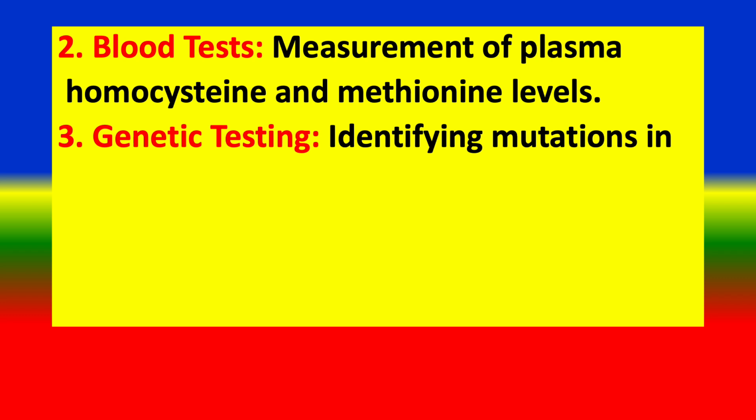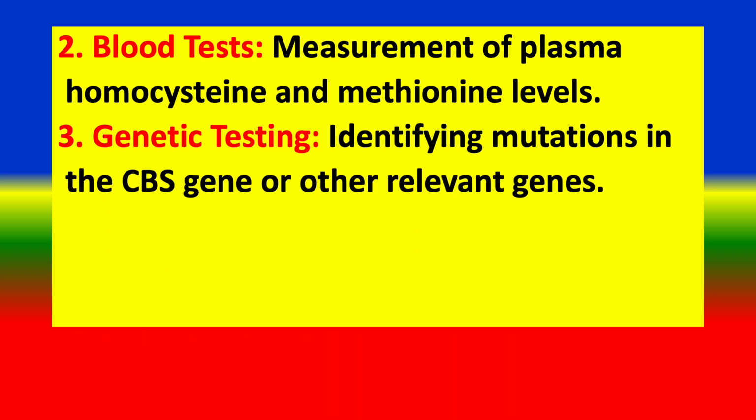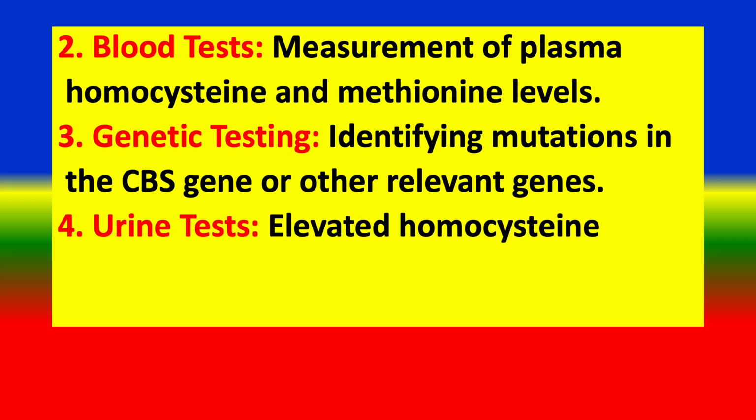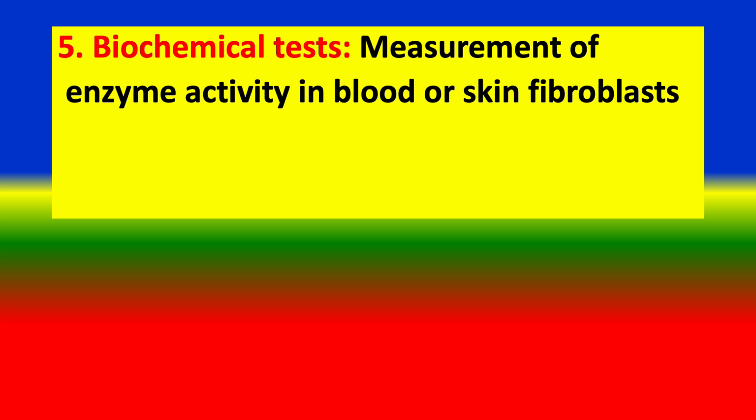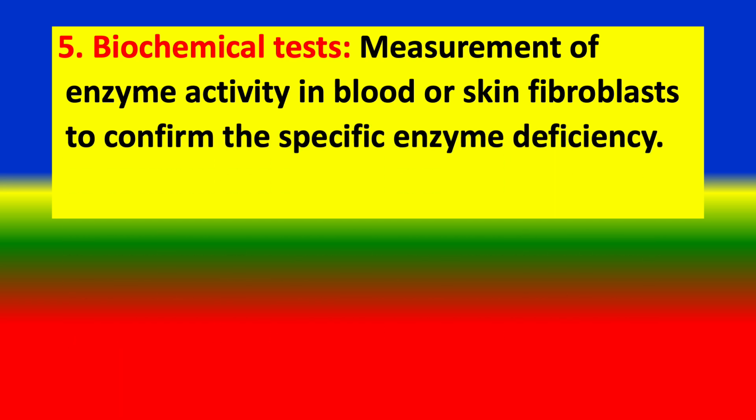Genetic testing, identifying mutations in the CBS gene or other relevant genes. 4. Urine test, elevated homocysteine levels in urine. 5. Biochemical test, measurement of enzyme activity in blood or skin fibroblasts to confirm the specific enzyme deficiency.